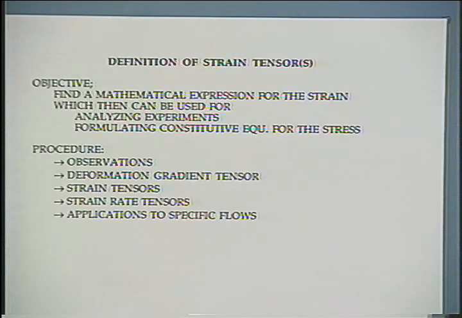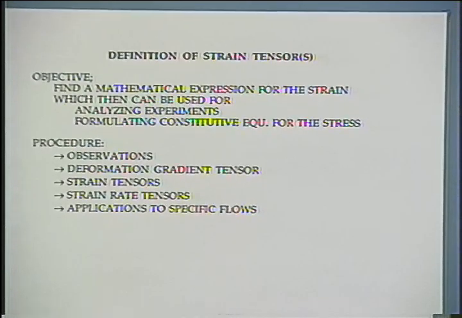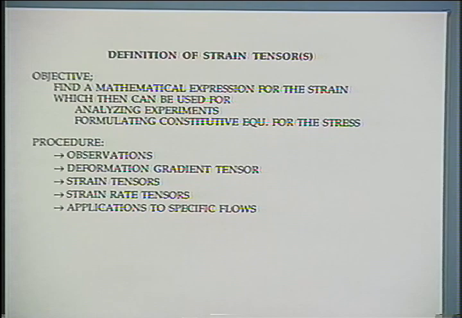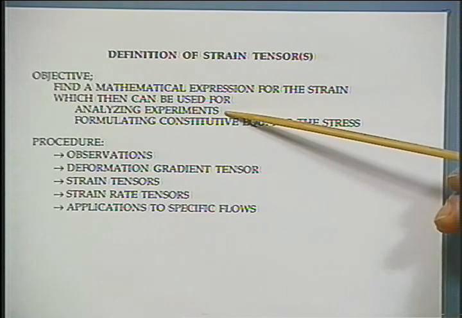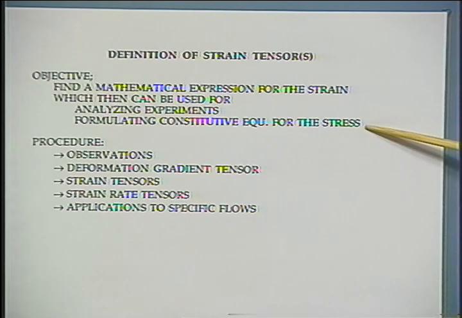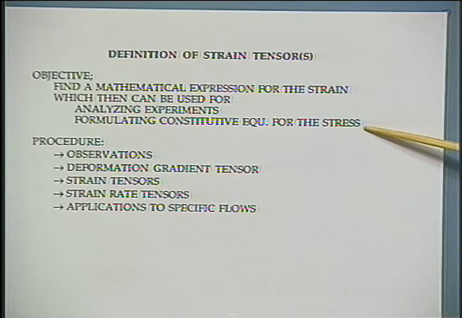We have to find a mathematical formulation to capture a strain. And that mathematical formulation then can be used to analyze our experiments. And most likely it will be a very simple mathematical formulation which we are going to use. And then we use that mathematical formulation for the strain to formulate constitutive equations. That would be to describe the stress in terms of strain and strain rates and all of those details.